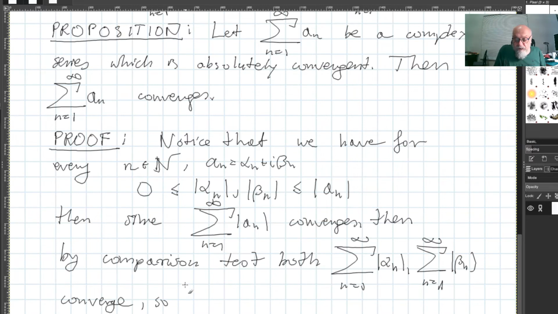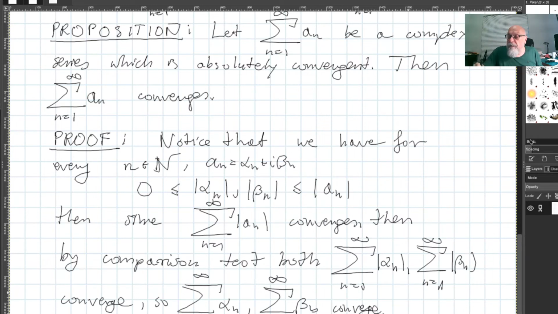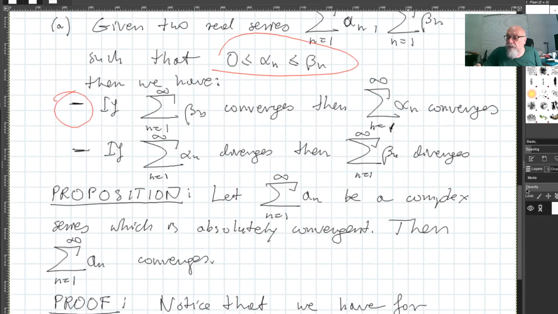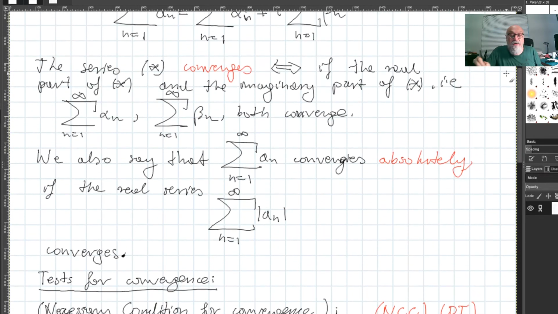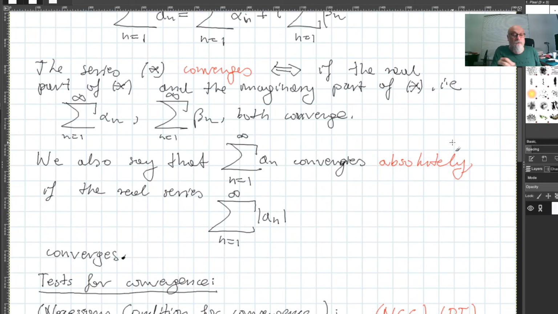So the series alpha_n and beta_n converge, because we know from the real series theory that in such a case the series alpha_n and beta_n converge, and that implies, by the observation, by the definition of the convergence, that's our definition, that these two series converge, so the original series also converges.